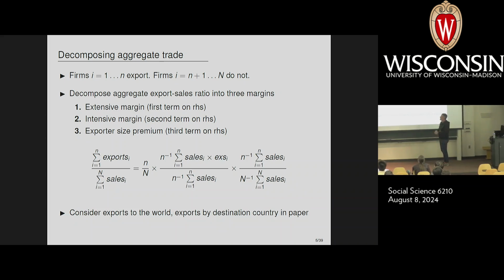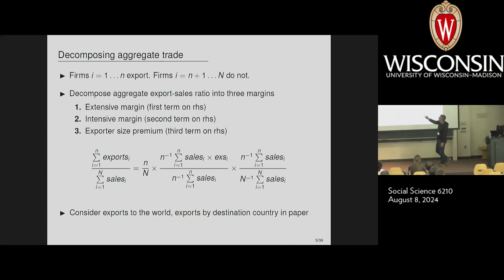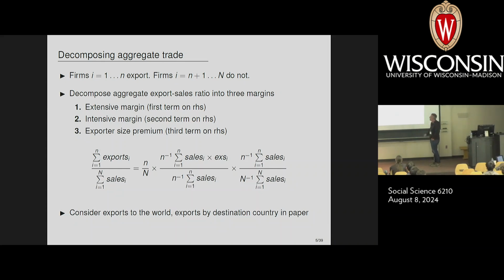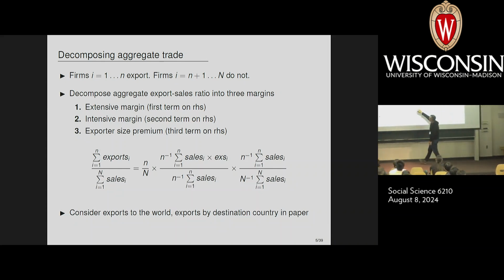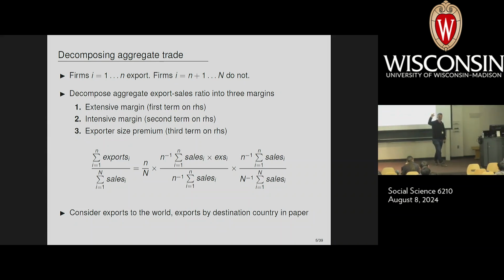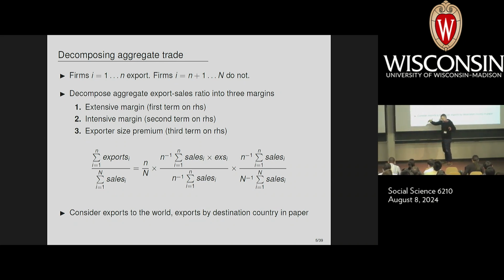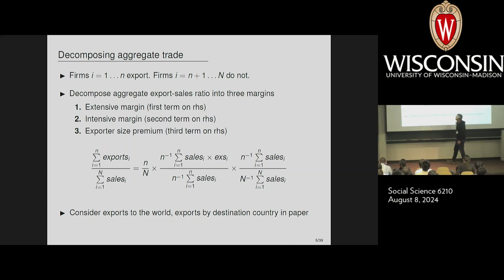Where are the sources of change, of growth of something like this? Well, suppose I have data on firms, which I do, and let's order these firms so that firms 1 through small n are exporters, and then the rest of them are not, right? So the first term on this right-hand side is the export participation rate, the number of exporting firms divided by all the firms in the economy. That's the extensive margin. So when I see that the aggregate amount of exports has grown in an economy, did it grow because there are more people who are exporting?